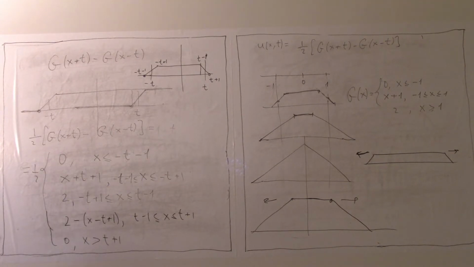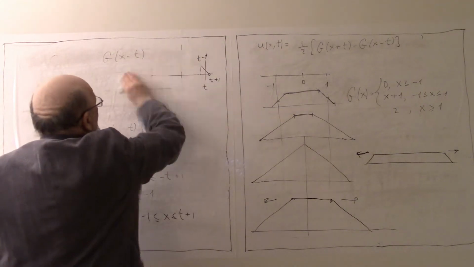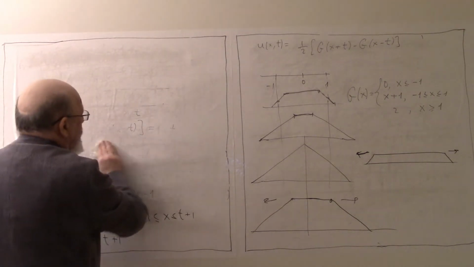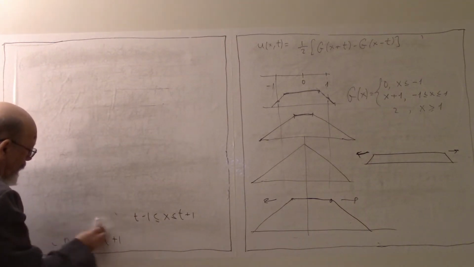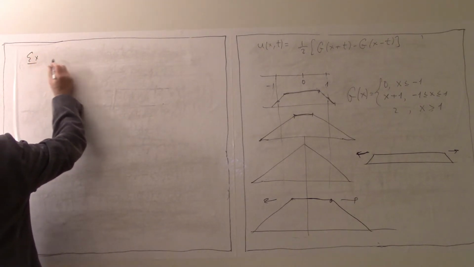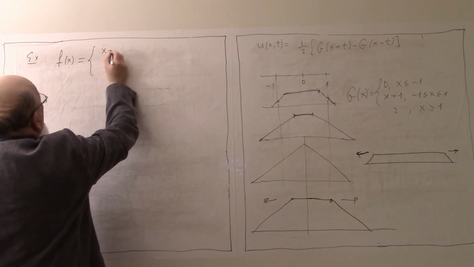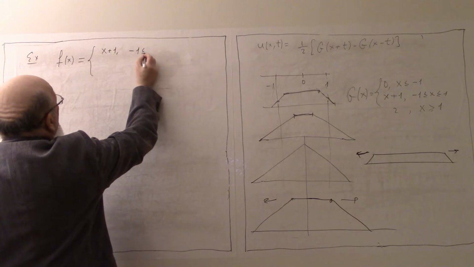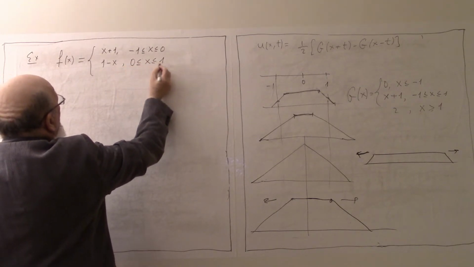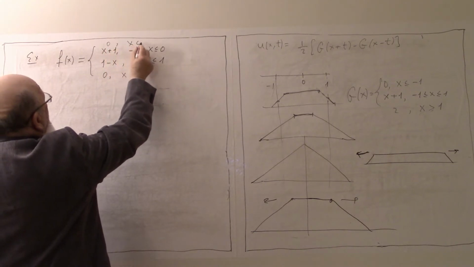Let's consider still another example. f of x equals x plus 1 for minus 1 less than x less than 0, 1 minus x for 0 less than x less than 1, 0 for x more than 1, and 0 for x less than minus 1.